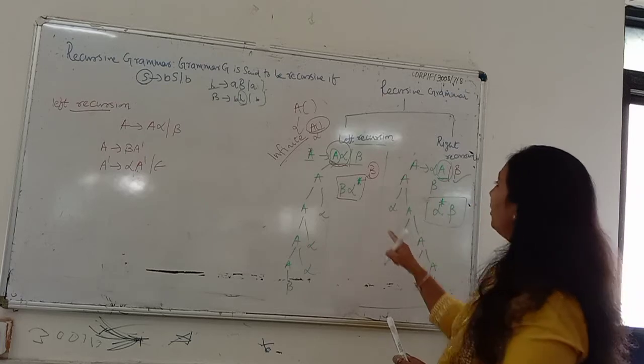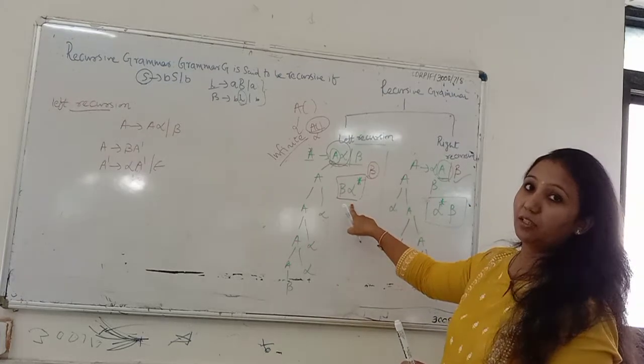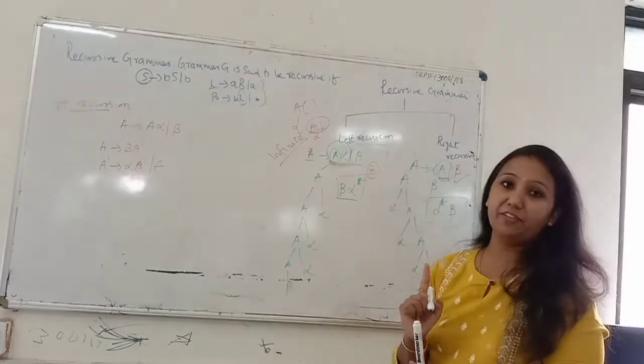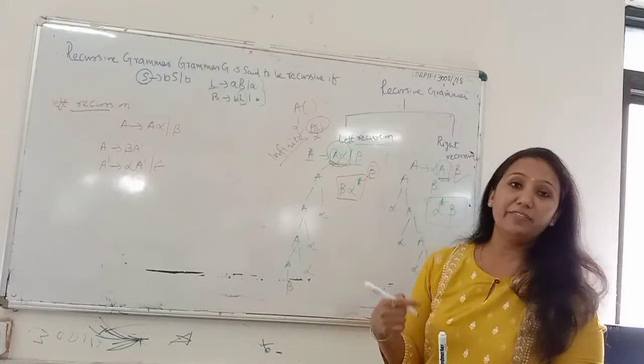So left recursive grammar and right recursive grammar are different things, generating different kinds of languages.